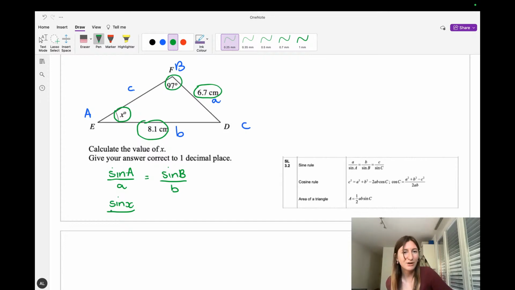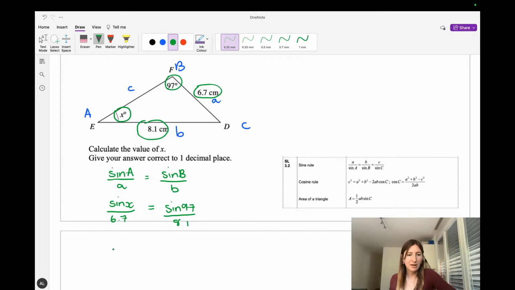All right, so we have 6.7, 6.7, and sine B is sine 97 over 8.1. All right, I got distracted, so if I've made a mistake here, just let me know, but I think so far so good. Great.